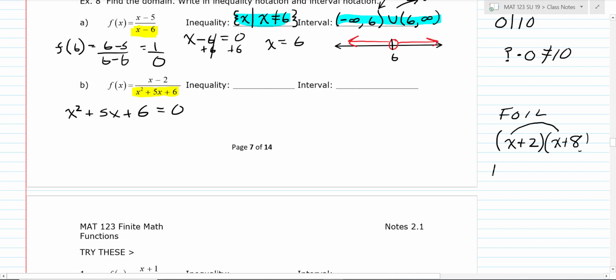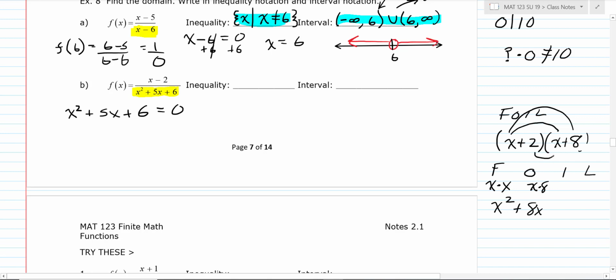A lot of times teachers will teach this as FOIL, meaning the first terms, the outside terms, the inside, and the last terms. So you're doing x times x. Okay, x times x is x to the second. Anytime you multiply something by itself, it gives you a second power. The outside term, you're doing x times 8. Well, that's just written as 8x. It's a positive number, so I put an addition symbol.